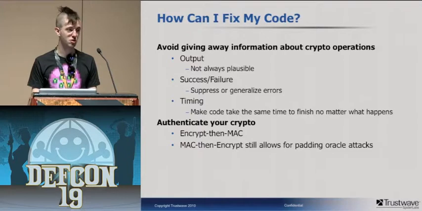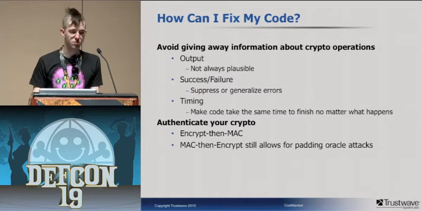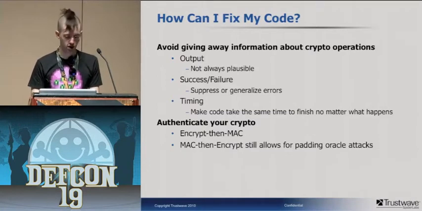So if you're at 0 and you just mess around with the ciphertext and you can produce a valid ciphertext, it's probably better than 0. So authentication is good because it prevents people from messing with that, at least to some degree. Also, you want to encrypt and then MAC. If you MAC and then encrypt, it still allows for padding oracle attacks.